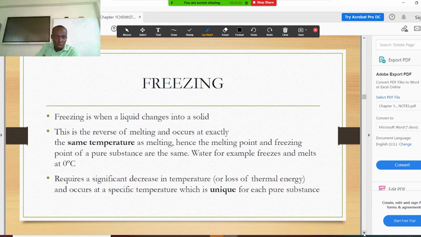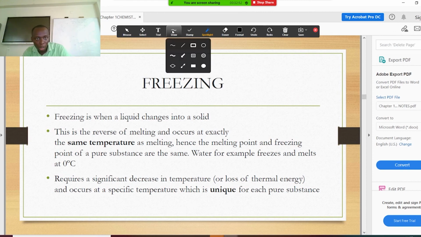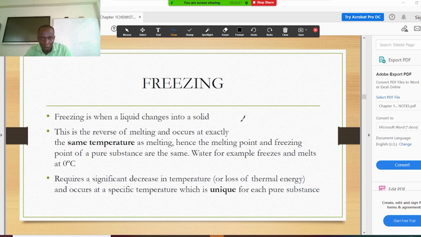And then freezing is when a liquid changes into a solid. The same applies: it occurs at a specific point, and it occurs at exactly the same temperature as that of melting. For example, water freezes and melts at exactly 0 degrees Celsius. What do we mean here? Look at this number line.